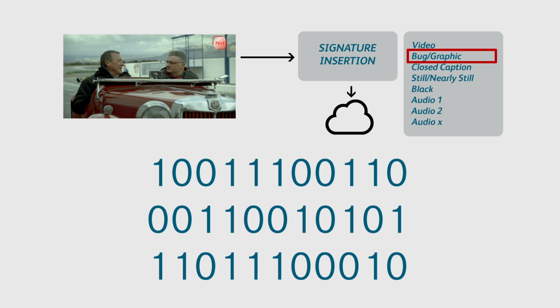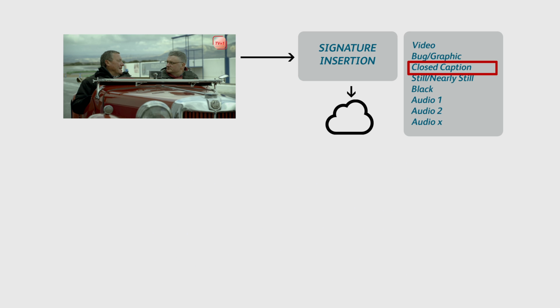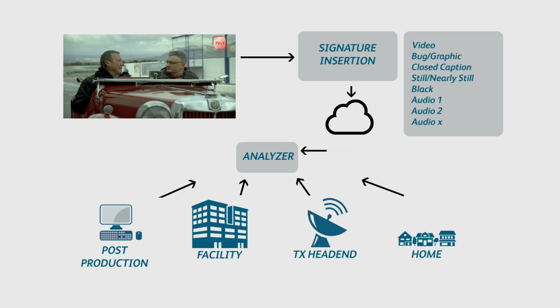Even if they move around, we want to know where they are and if they move. Then there's sound channels. These might be in different formats and different languages for different markets. And don't forget closed captions, subtitles, and all the other mandatory ingredients. All of this gets encoded into a signature which we can store and distribute with the content.